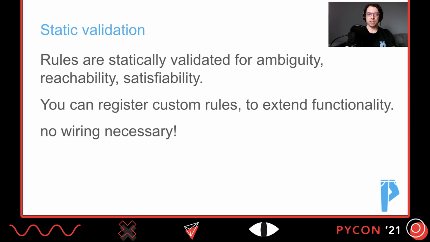But that allows us to statically validate the rules and make sure that there's no ambiguity, that all the rules are reachable, and that all of the queries you might want to run through this workflow system are satisfiable. And of course, you can just write your own rules and plug them in, and you don't need to wire them in.